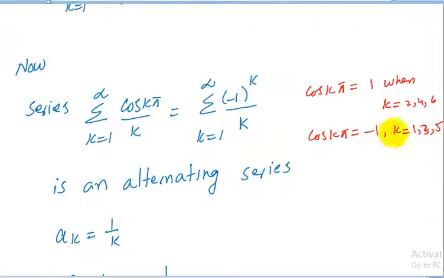For odd values it becomes minus 1, for even it becomes plus 1. So we can write it as summation k starting from 1 to infinity minus 1 raised to the power k upon k.